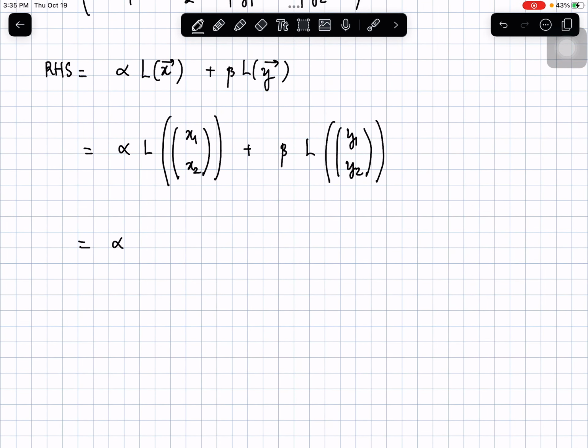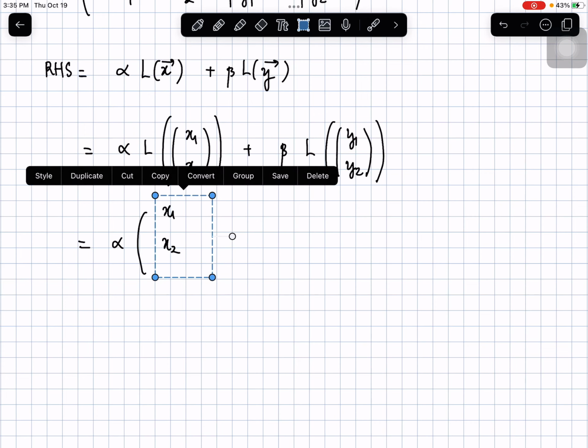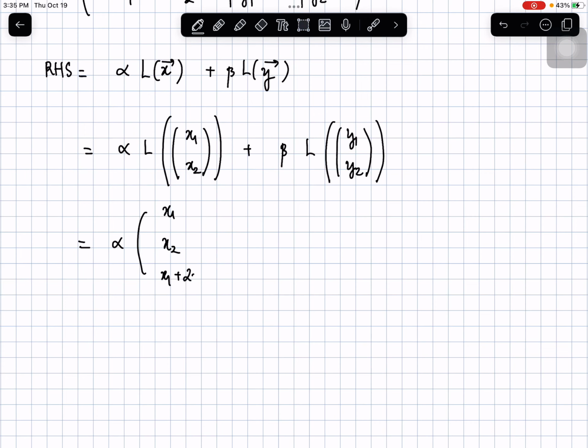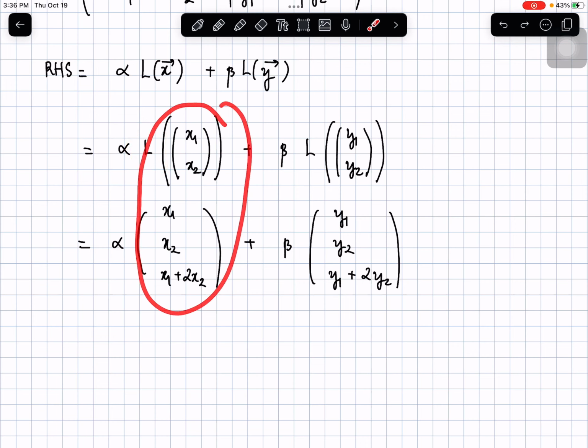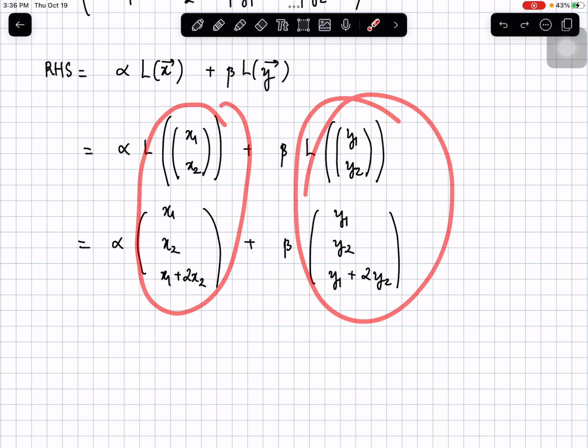This gives us alpha times x1, x2, x1 plus 2 times x2, plus beta times y1, y2, y1 plus 2 times y2. This is by the definition of the map L. We are proving it's linear, so this equality is because of the definition of L.